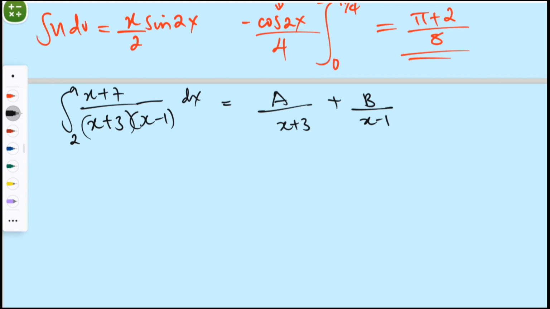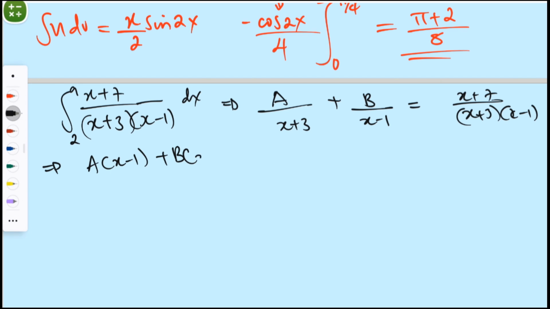Now this has to be equal to x plus 7 over x plus 3 times x minus 1. Then here cross multiply so that we get a times x minus 1 plus b times x plus 3. I'll work just with the numerators so that this should be equivalent to x plus 7.